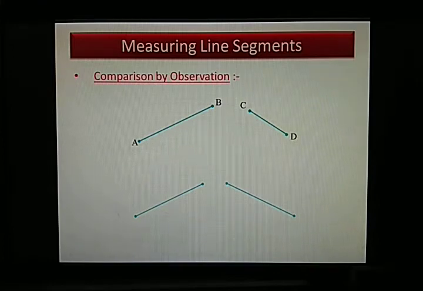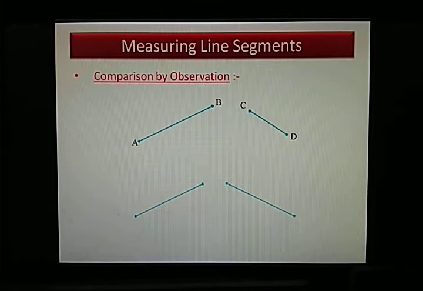Then what to do? Then our observation might fail, because just by looking at the second picture we are confused about which one is larger in terms of length. So in that case, our comparison by observation fails. Then we have to switch to the other method of comparison. Just by observing, we cannot say exactly which one is greater.